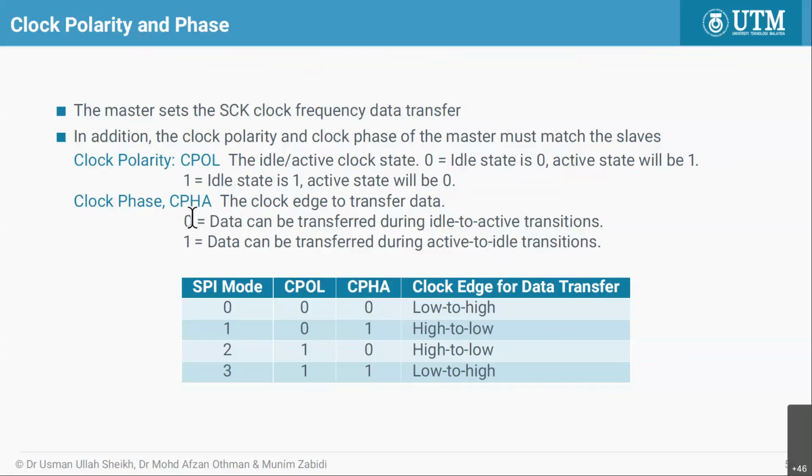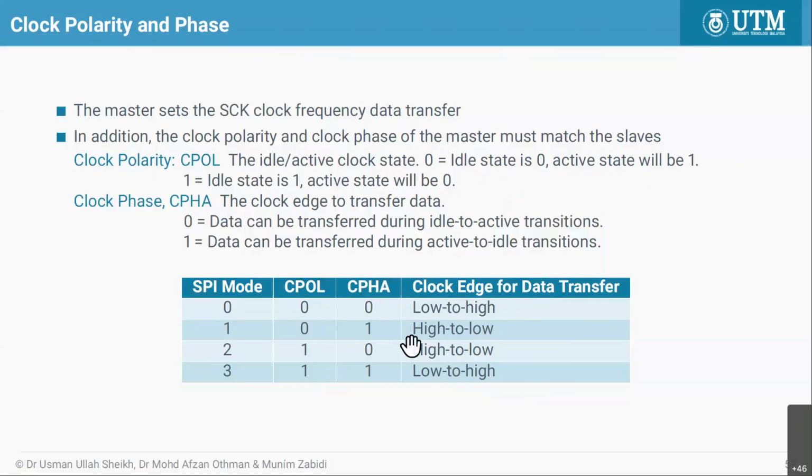Then the clock phase is when the data transfer is being done. So you have to know which one is idle, which one is active. 0 means data is transferred during idle to active. So if it's 0, 0, that means idle state is 0, active state is 1. So idle to active means going from 0 to 1. So the clock edge for data transfer will be low to high, or 0 to 1.